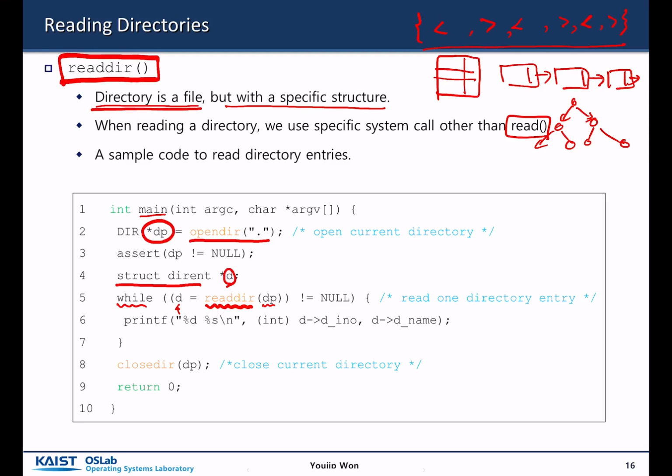So for each directory entry, we print out the inode number and the name. This while loop scans the pairs of file names and inodes in all its directory entries and prints them to the screen. And after it's done, it closes the directory.